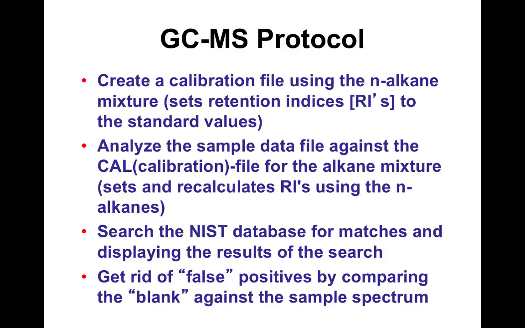And then once you have those retention indices from your alkane standards, it helps narrow down your search with AMDIS. So AMDIS will search through the NIST database, the two are coupled, and match and display those best matches. It'll also, through that matching, some of it automatic, some of it manual, allow you to get rid of the false positives that are in the blank.